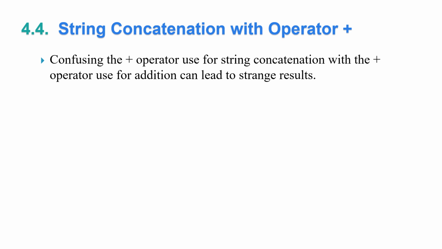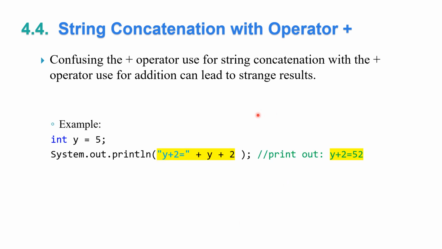Confusing the plus operator used for string concatenation with the plus operator used for addition can lead to strange results. For example, consider the expression starting with the string "y plus 2 equals", then plus y plus 2, as in the previous example, but without the parentheses around y plus 2 of the second plus operator.